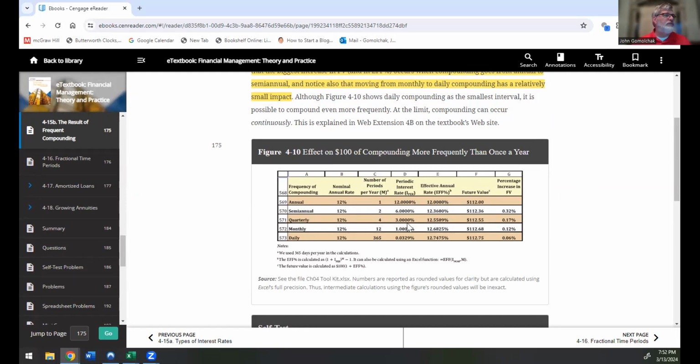If we do it over 2 periods, our compounding is going to take that to 12.36, quarterly 12.55, monthly 12.6, daily 12.7. The increase going from annual to semi-annual is 0.32%. Going from semi to quarterly is 0.17. One of the things that the book wants to point out here is that the biggest jump is right here, going from annual to semi-annual.